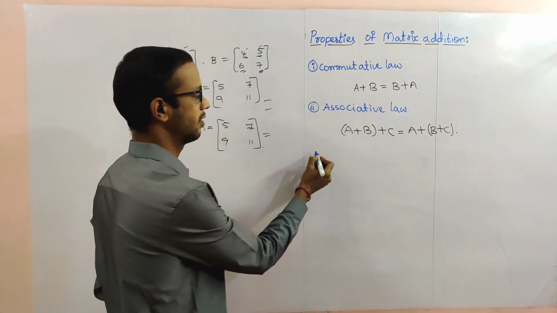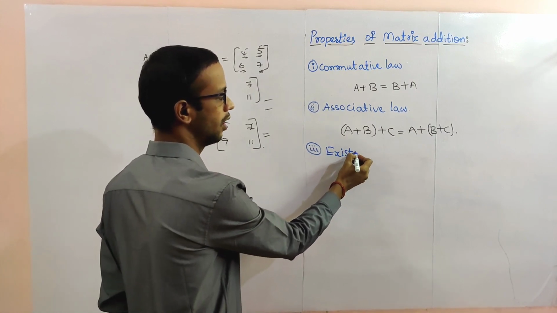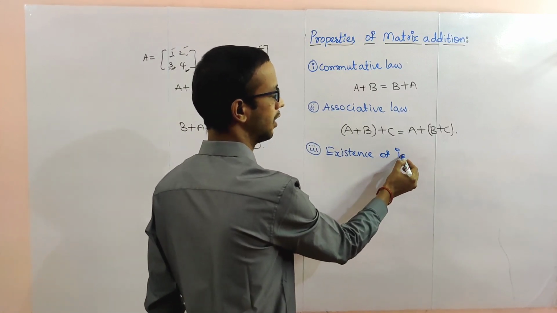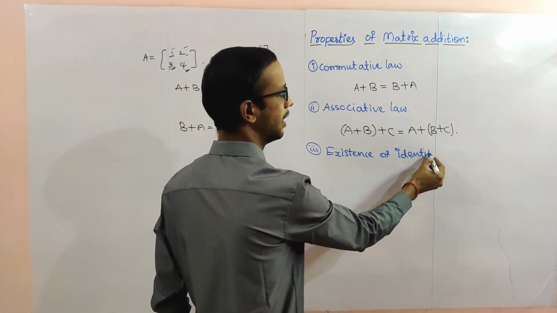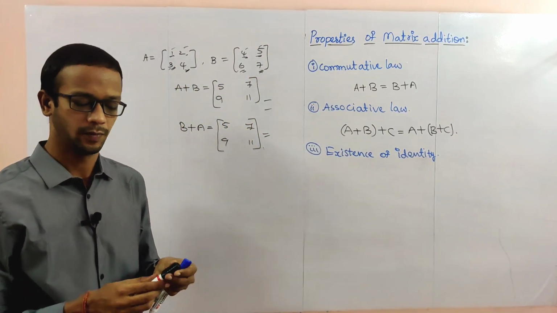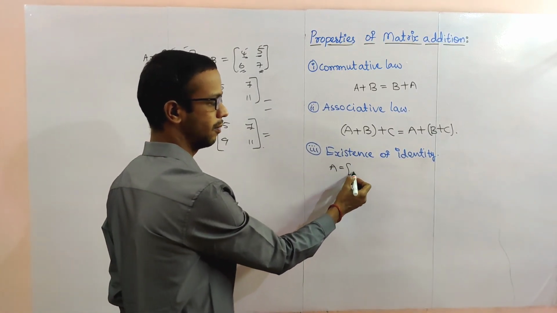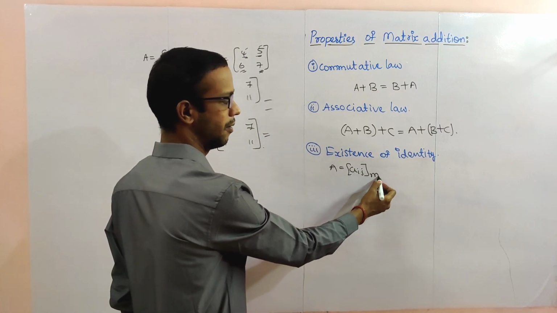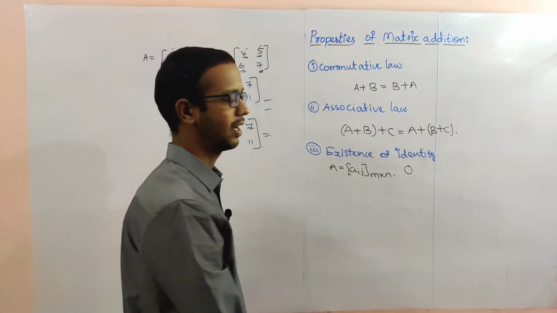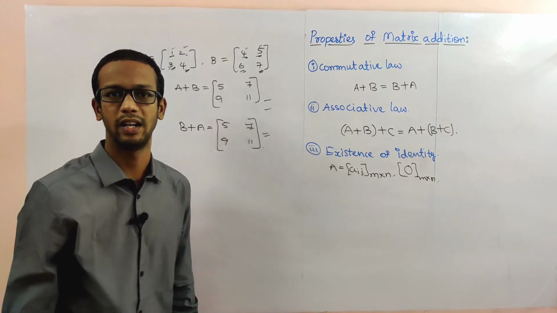Next, number 3, existence of identity. That means A is one matrix, A ij of m by n matrix order, and O is also a zero matrix of the same order, m by n.